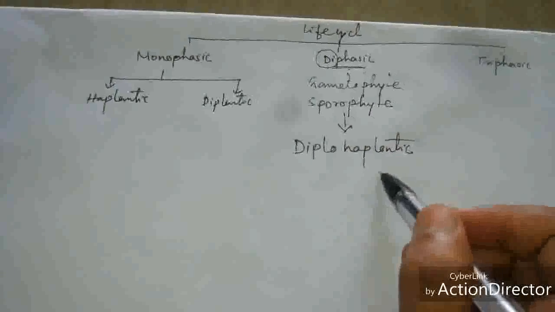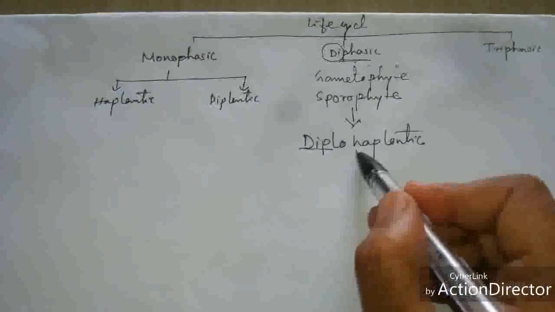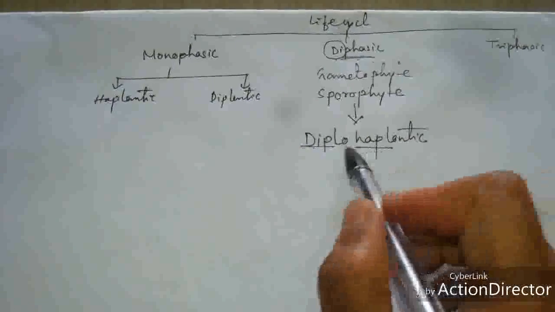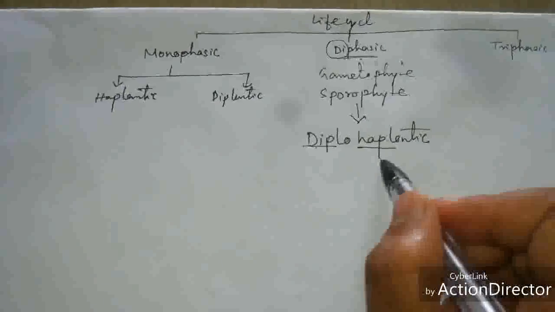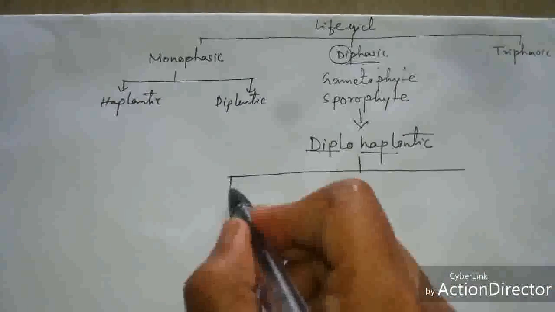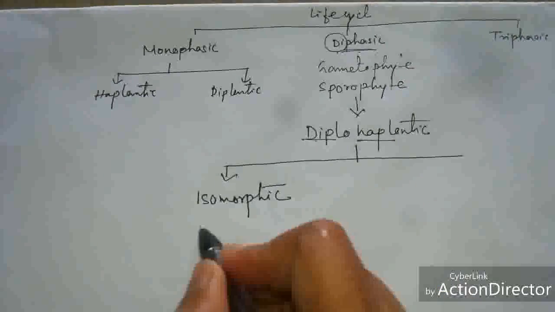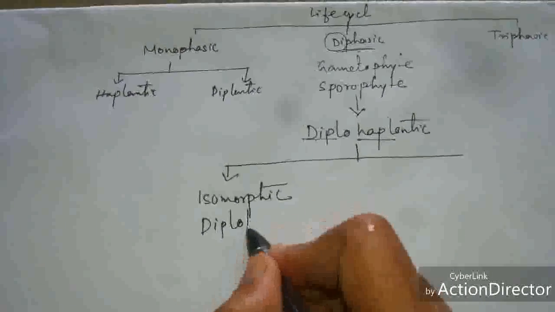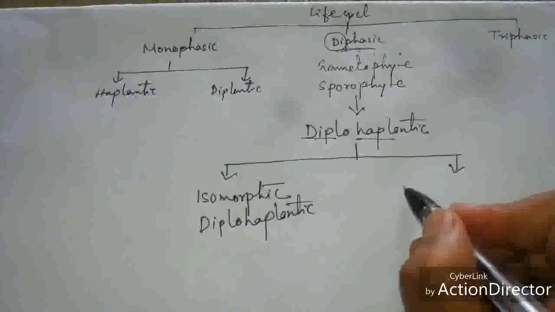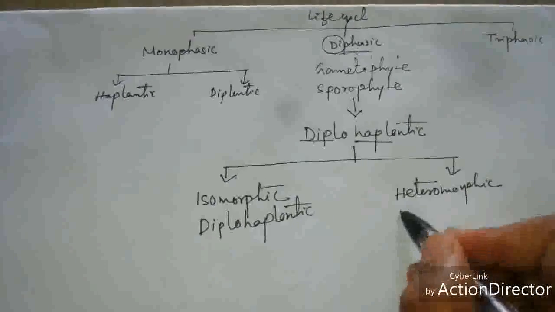Diplohaplontic means diplo is diploid and haplo is haploid, so both the diploid and haploid phases are found in this type of life cycle. And this diplohaplontic is divided into two: one is isomorphic diplohaplontic and another is heteromorphic diplohaplontic.